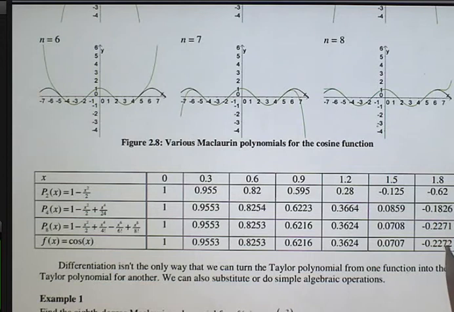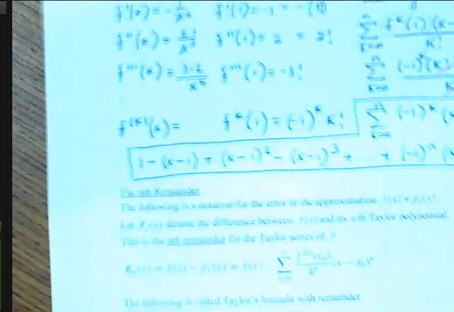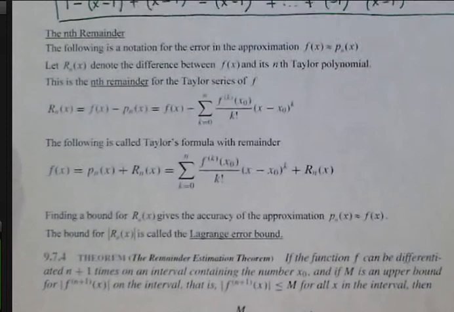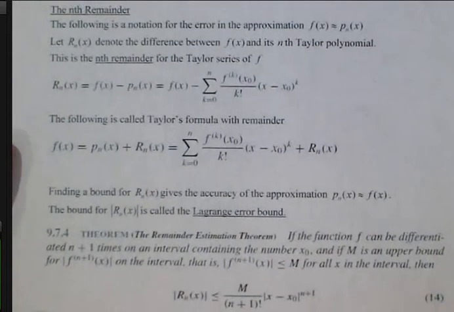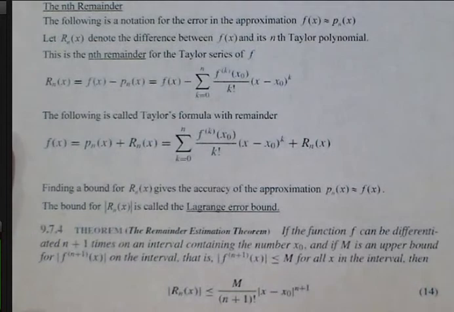So what we want to do now is to figure out the error that occurs, and error is the same thing as the remainder. So if you could turn your notes packet now to page 6. Okay, so we're looking at the nth remainder.